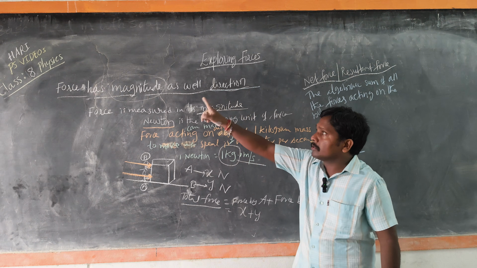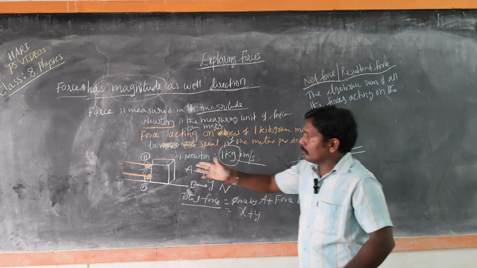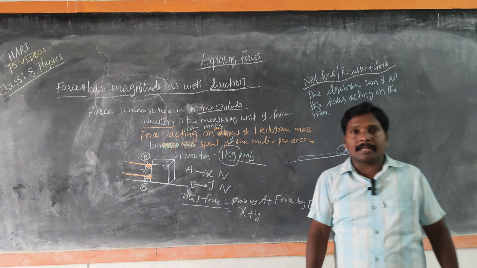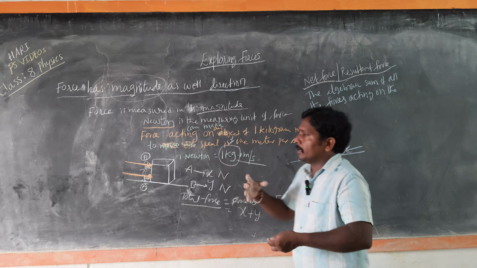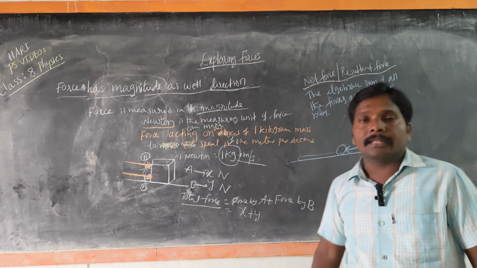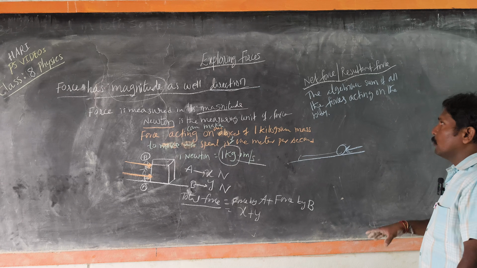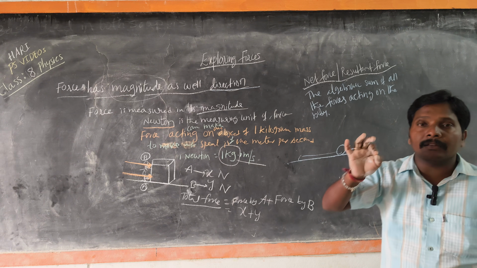So force has both magnitude as well as direction. If two or more forces are acting, we need to calculate the total force acting on the body. The total force we can call the net force or resultant force.